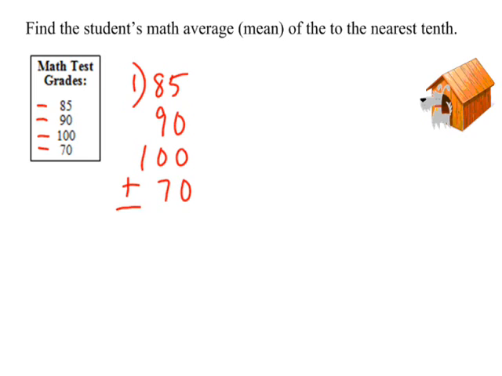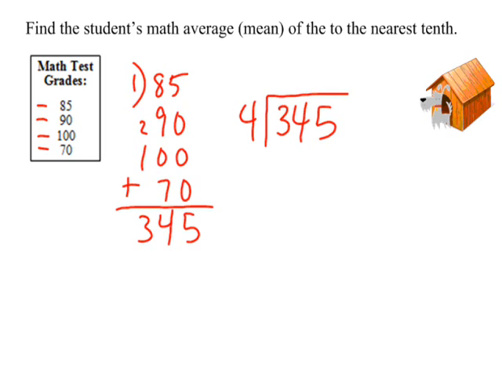If we add up your four scores, we would have 345. Okay, we need to divide 345 by 4 because you had 4 test scores. And we're going to round this to the nearest tenth. So I'm going to put a decimal and add 2 zeros.